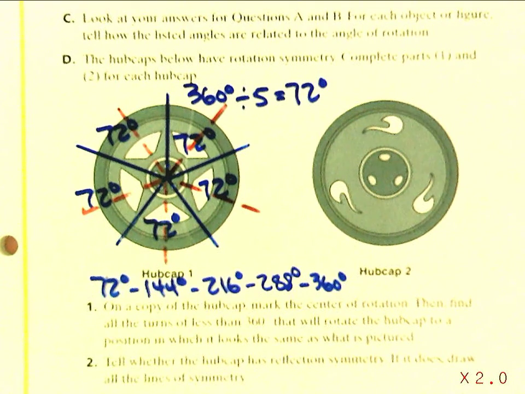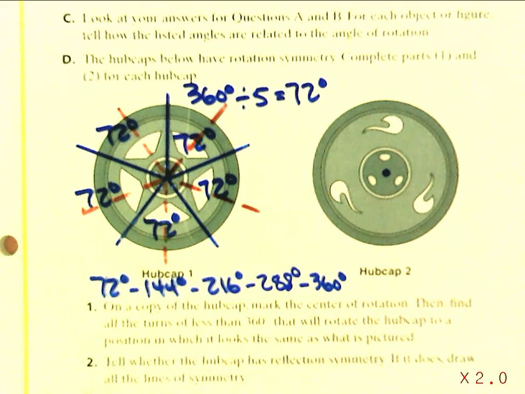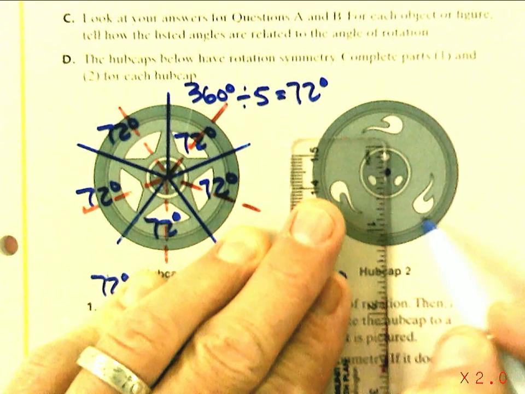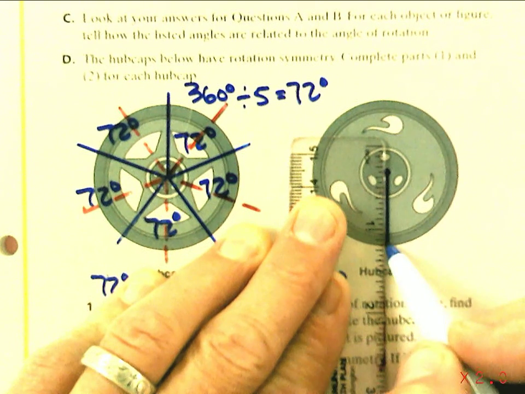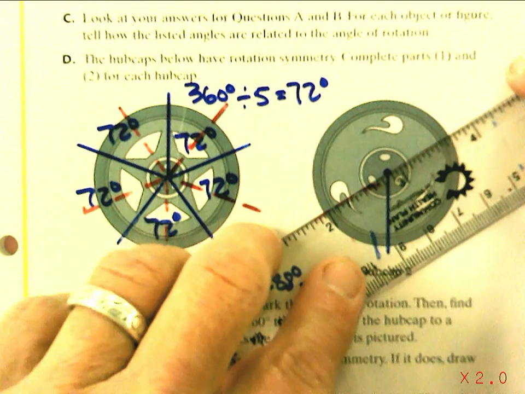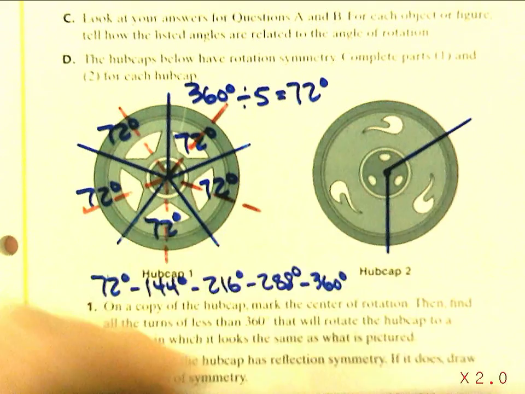Now let's see what we can find for hubcap number 2. Hubcap number 2, center of rotation in the center. And now the question is, where would I draw lines of rotation? I think I'm going to go with a line kind of halfway between each of these shapes and see what that gives me. So trying to shoot for about halfway between each of the little shapes on the outside edge of the hubcap.